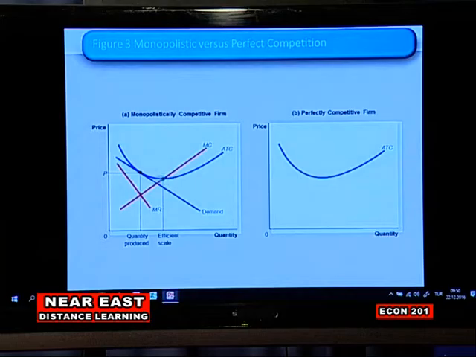If you draw the line here, it will be lower than the price that is charged by the firm producing not at the efficient scale of production. While in a perfectly competitive firm, you can see that the firm produces at the lowest point of average total cost. It's more efficient than the monopolistic competitive firm.